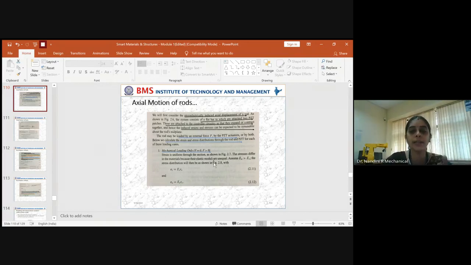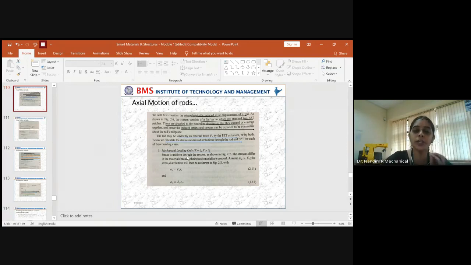So based on this, we assume that the elastic modulus of the actuator will be greater than the elastic modulus of the structure. This thumb rule we have already studied in the part on actuator and substrate interaction. The same concept we are applying here.